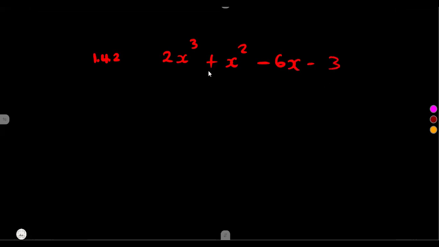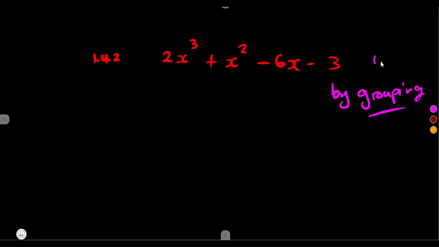When you are given 4 terms, guys, the first thing that you're supposed to think of is factorization by grouping.